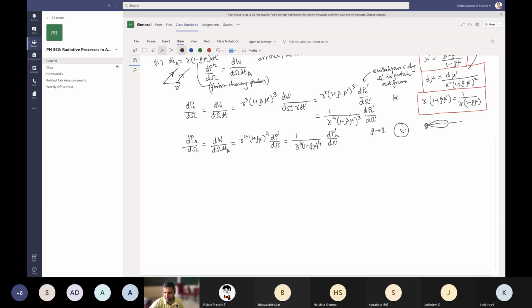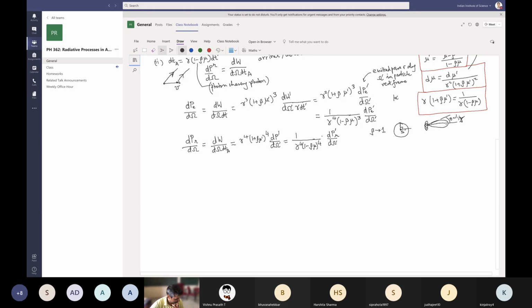We did this even without the present considerations: the angle is of order 1 by gamma. You recall this? This is just a consequence of aberration. We mapped the 90 degrees in the particle rest frame to some angle of about 1 over gamma.